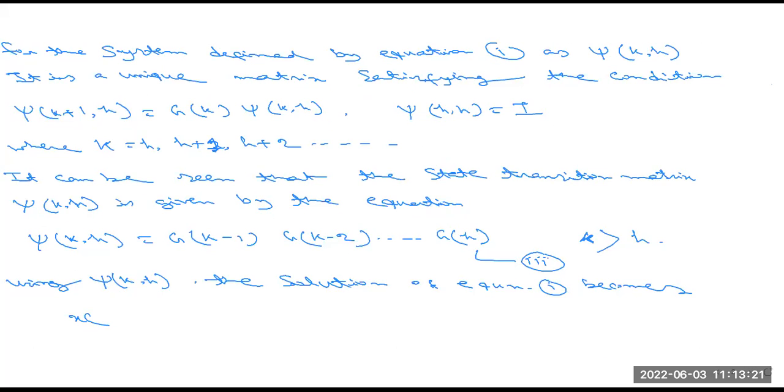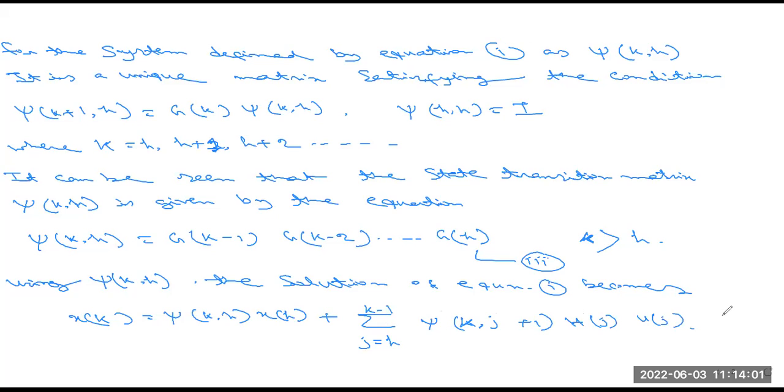So x of k is equal to psi of k comma h into x of h plus the summation of j from h to k minus 1 of psi of k comma j plus 1 into h j u j, where k is greater than h. This is equation number 3 and this is equation 4.